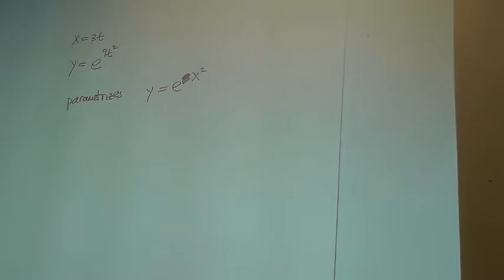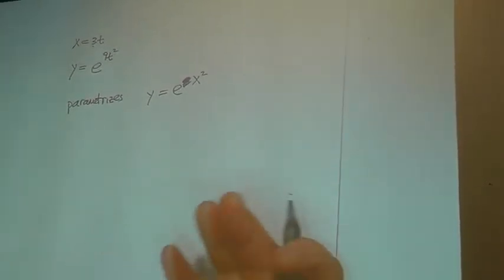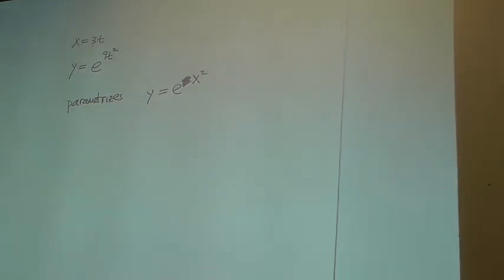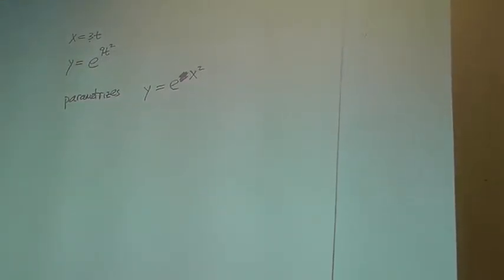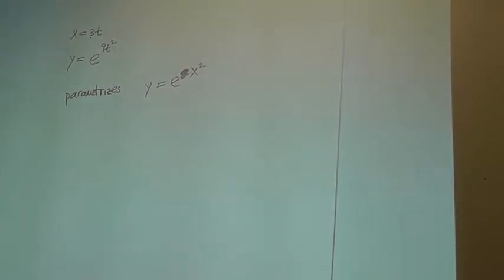Okay? When the book is asking you to do that, there should be some fairly straightforward ways of seeing what those relationships are. Algebraic relationships or the trig relationships between the functions. Okay?